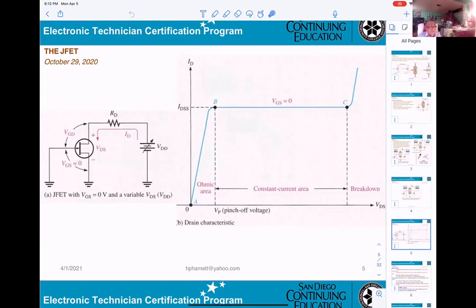That means the JFET can be used as a resistor, okay? Then from the VP up to the breakdown here, this area they call saturation, or constant current area. That means in this area, the current ID will be equal to IDSS. And the last one will be a breakdown. That will cook the JFET. Okay.